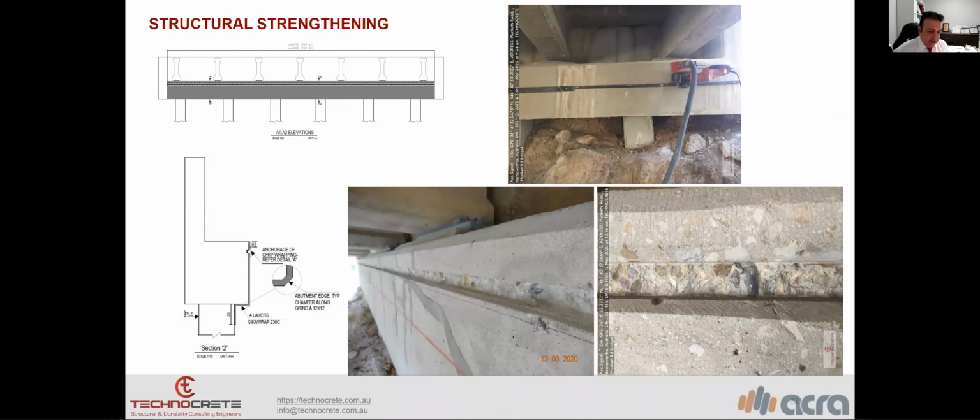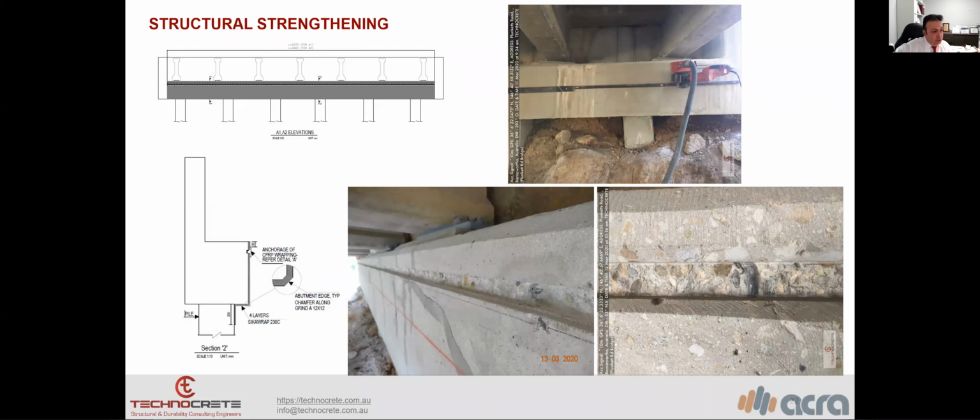With shear strengthening, if we use CFRP wrapping, we have to wrap all around the component, the element, okay? But in this case, we didn't have access to the rear side of the abutment.